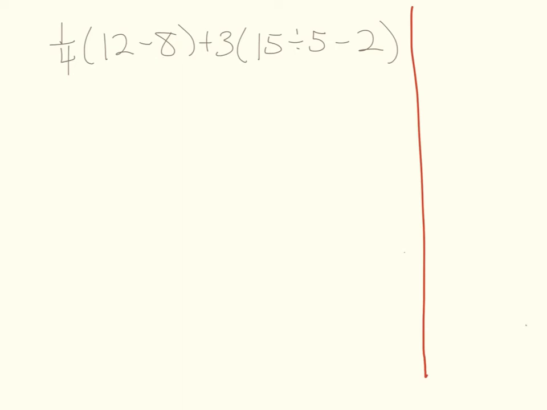So the first thing I would do is, we remember order of operations tells us to work inside the parentheses. So we'll do that. We're going to have 1/4, and then 12 minus 8 is 4. So that's substitution. We substituted 4 for 12 minus 8. So off to the side here, we're just going to write substitution for that step.